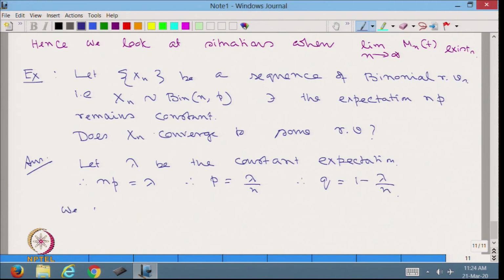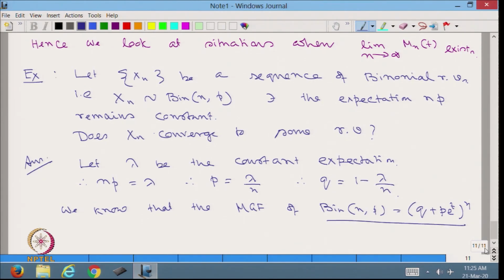We know that the MGF of binomial(n, p) is (q plus p e to the power t) whole to the power n.